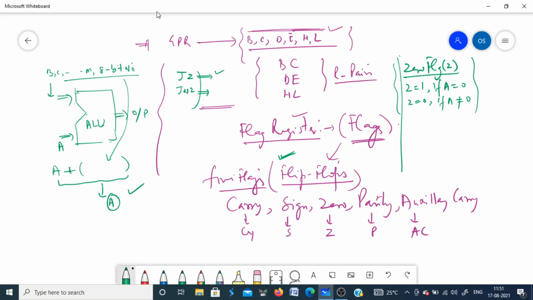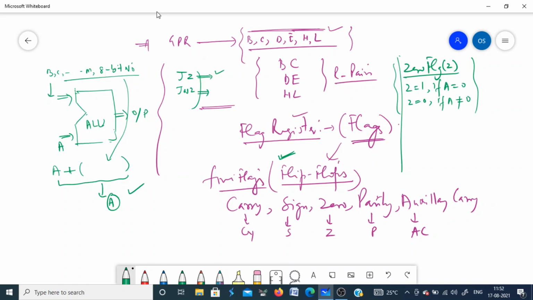Most of these flags are affected by arithmetic and logic operations, and they are used to assess the contents or the status of the data in the accumulator. But certain flags are also affected by operations on some other registers, like when you decrement or increment.